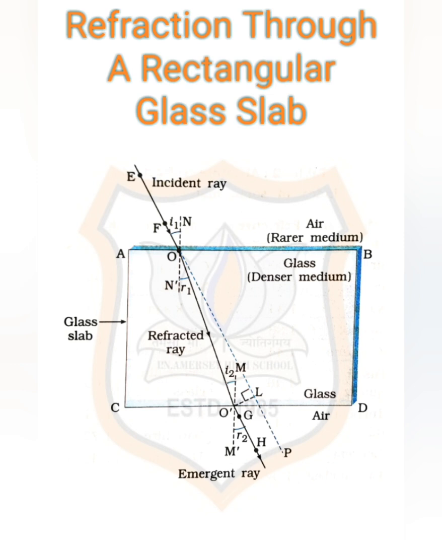Now look for the images of the pins E and F through the opposite edges. Fix two other pins, say G and H, such that these pins and the images of E and F lie on a straight line.